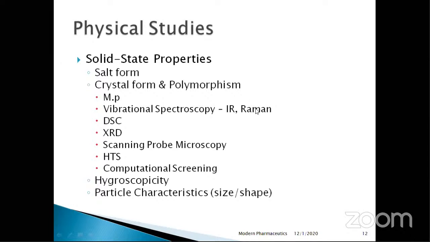Therefore, we need to understand that hygroscopicity, which is quite simply measured using a moisture balance, which you have seen in our laboratory also, becomes an important part. The overall stability of the API, as a raw bulk material as well as in the presence of other excipients in the dosage form, may be jeopardized if a molecule is hygroscopic.